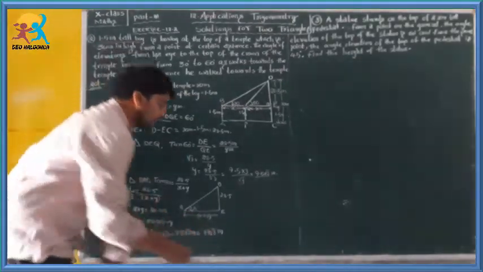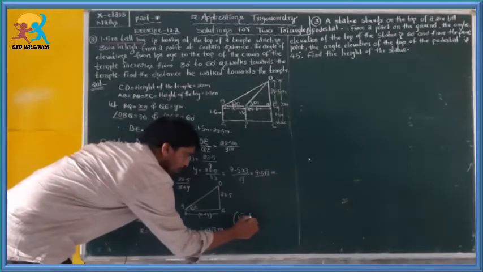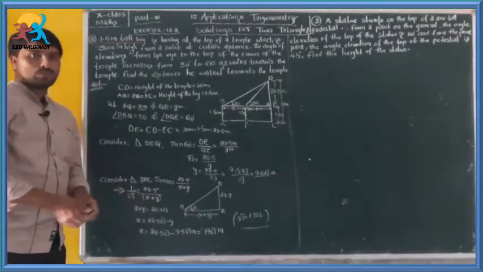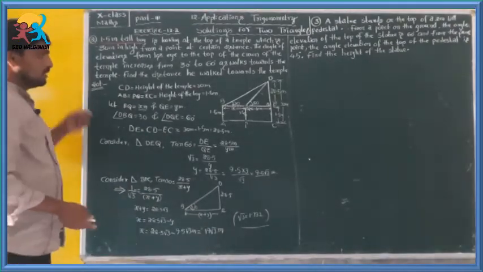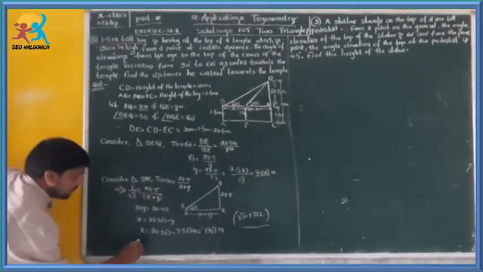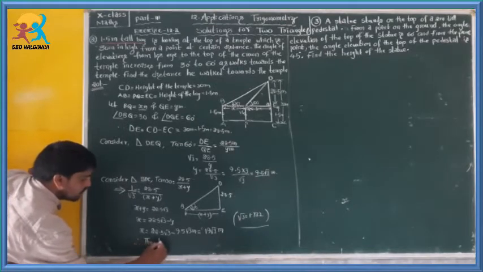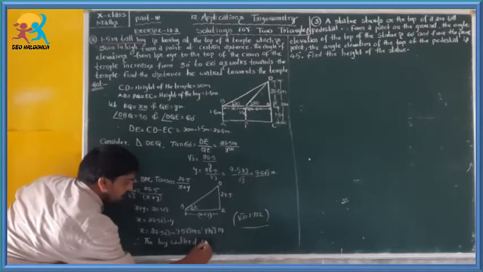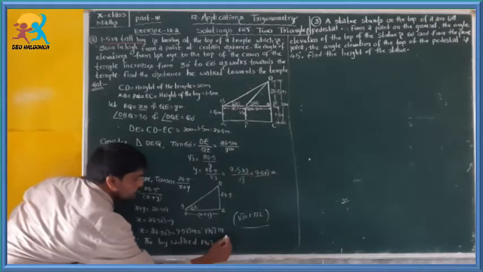Also we can write root 3 equal to 1.732 for further calculation, but no need to write it down. That is the distance, therefore the boy walked 19 root 3 meters towards the temple.